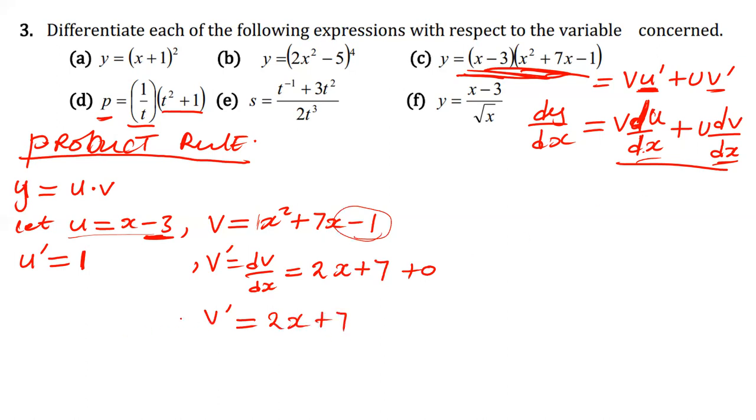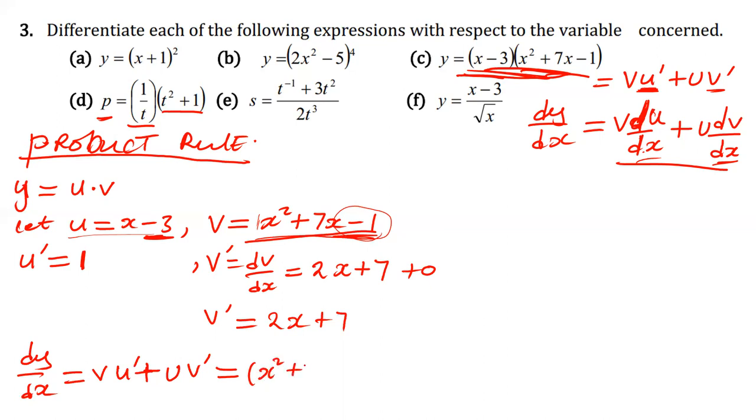So we replace the functions that were found in this expression. So we know that dy dx according to the product rule is going to be given by v u prime plus u v prime. So this will be equal to our v, which is simply this expression, x squared plus 7x minus 1.